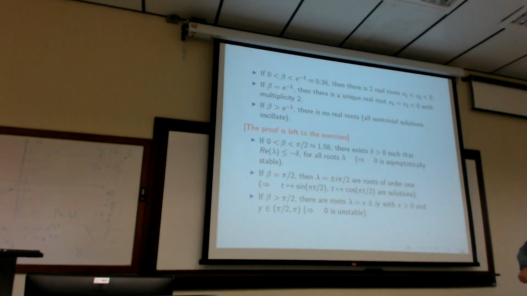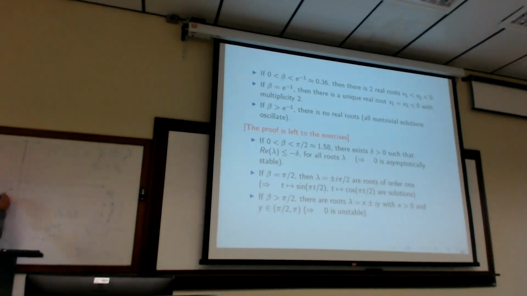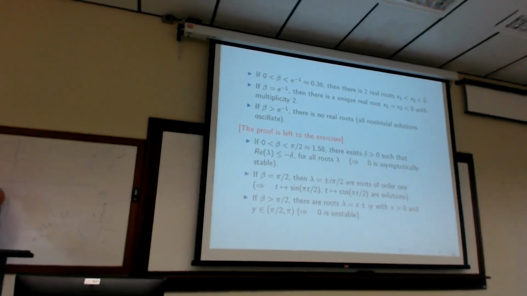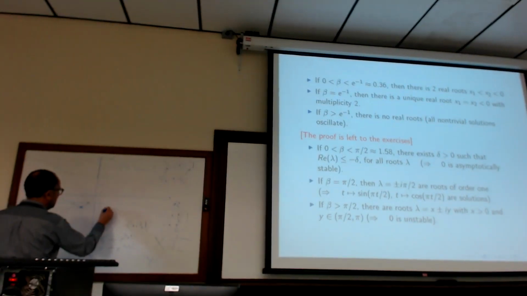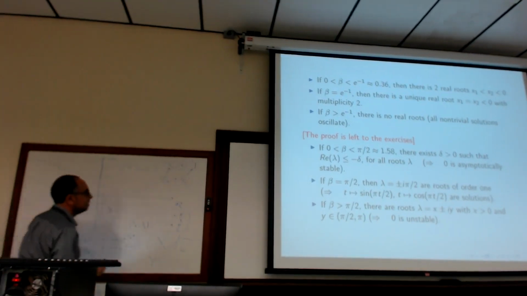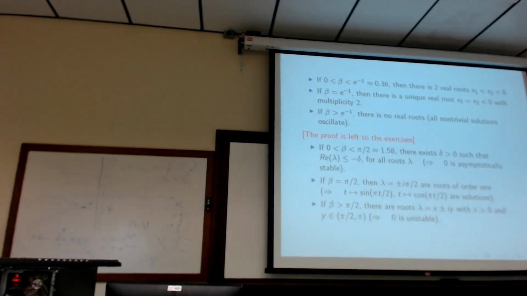And if beta is 1 over e, you are in this limit, and you have only 1 real root, which is also negative with multiplicity 2. And if beta is greater than 1 over e, there are no real roots.